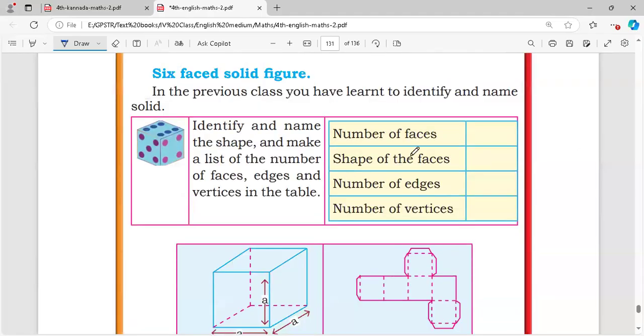Die: number of faces, 6. Shape of faces, square. Number of edges, 12. Number of vertices, 8.